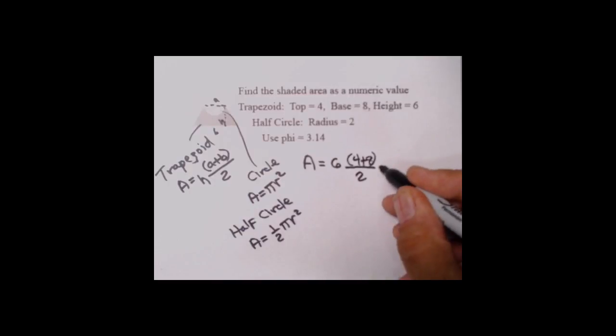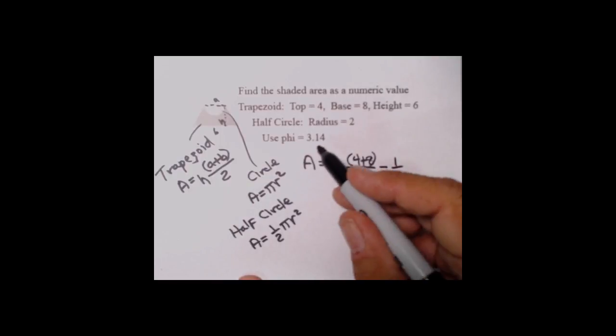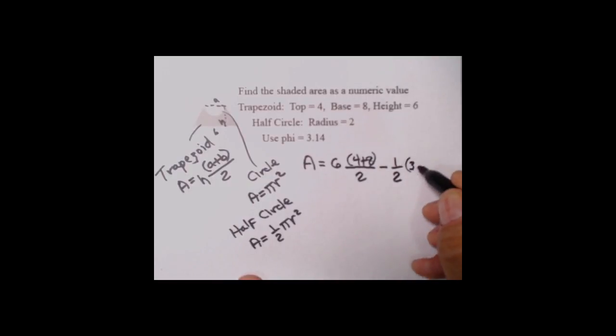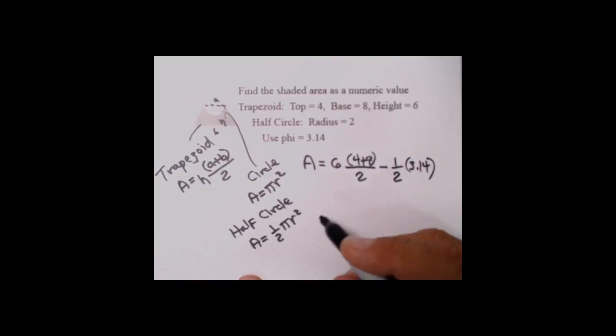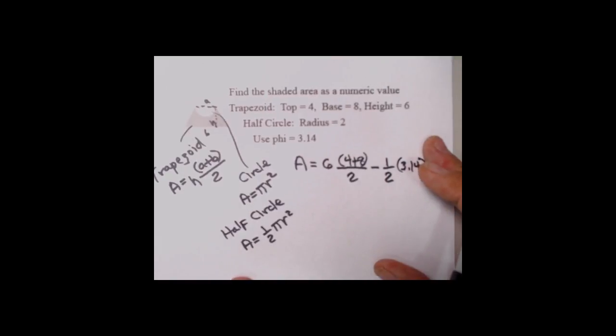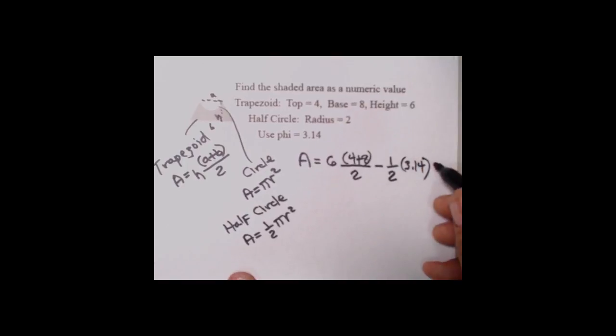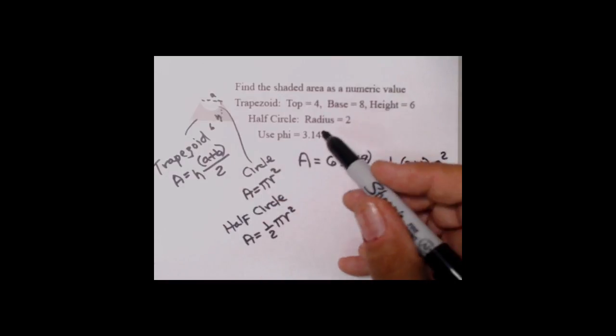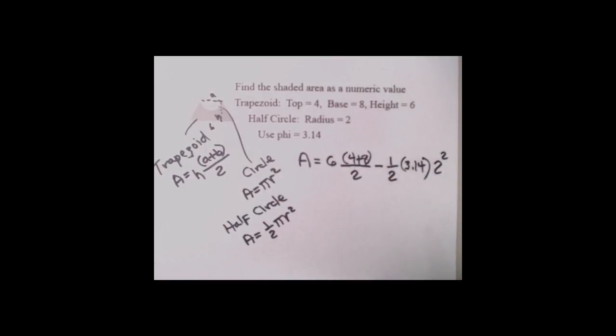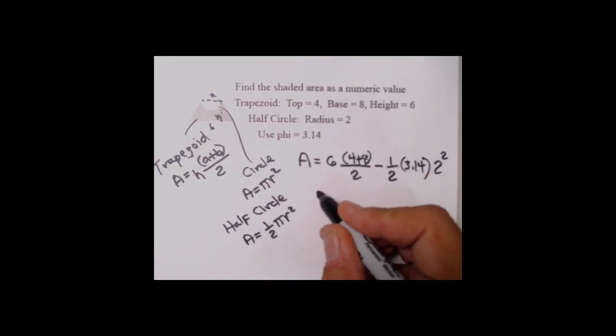But now, of course, we did cut a half circle out. So minus 1/2. Now pi, they tell us to use 3.14. Here it is. And then, of course, we have to have the radius squared. So 2 squared. Okay, I've used these formulas that I had, but I plugged in the values they told us to use. Okay, well, let's start evaluating all of this.